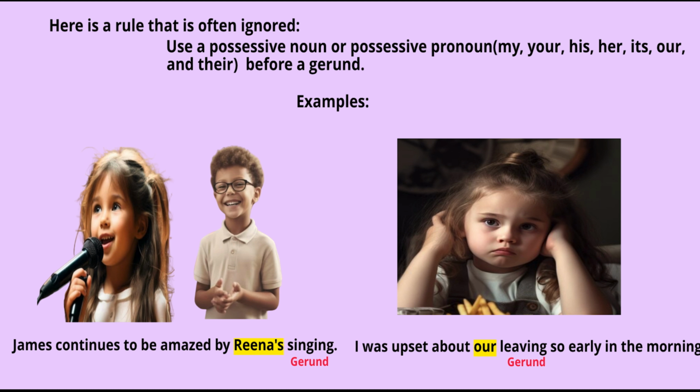Singing is the gerund in the sentence and Rena's is the possessive noun, right? In the second image, you can see a girl very upset. I was upset about our leaving so early in the morning. So here, the gerund is leaving and our is the possessive pronoun.